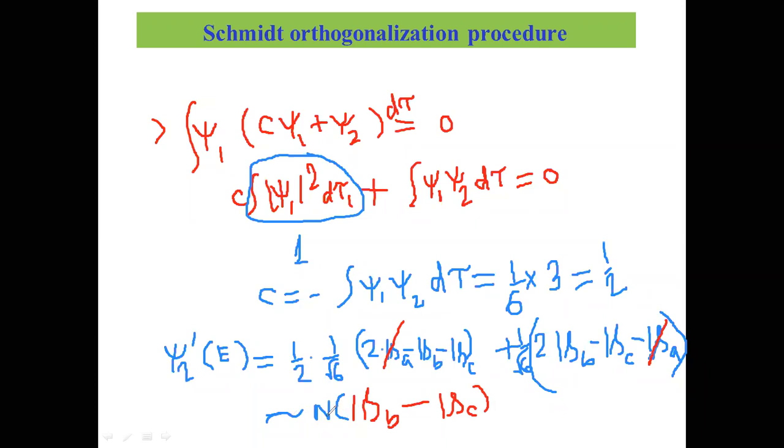So if you normalize this, you can understand that you are having only two functions. So therefore, you are going to get 1 by square root of 2. Right. So after normalization, the value of this function is going to be, so I'm just removing this. I'm not going to waste time.